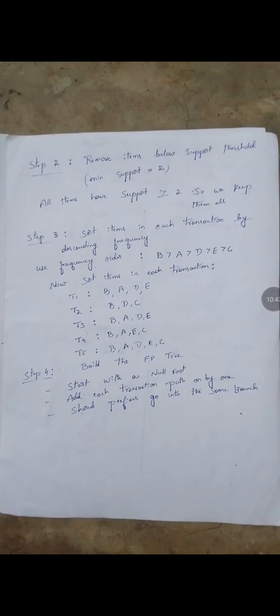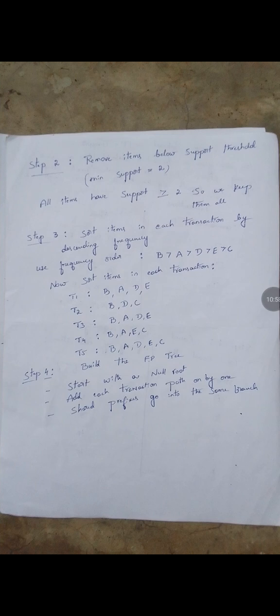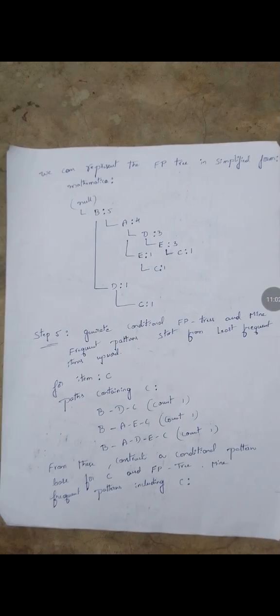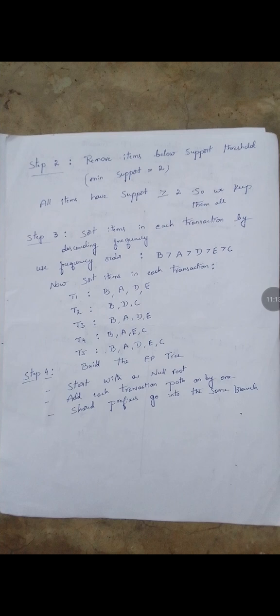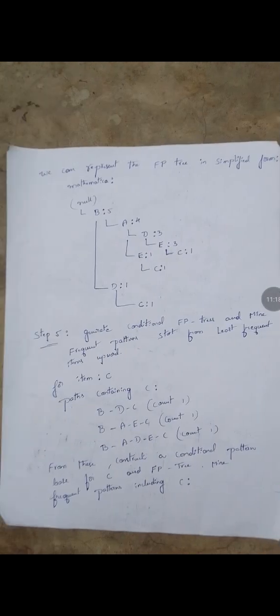For T3, BADE up to E only, and C is not repeated. For T4, BAEC is repeated somewhat: BA, and after A you write a separate path for E and C. BADEC is repeated in the same path.